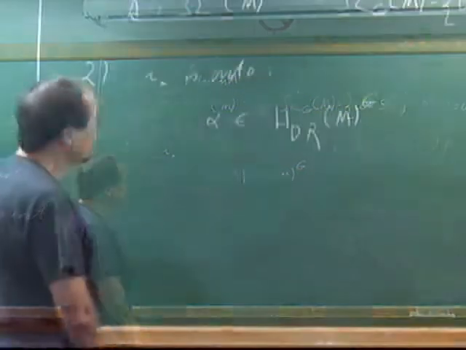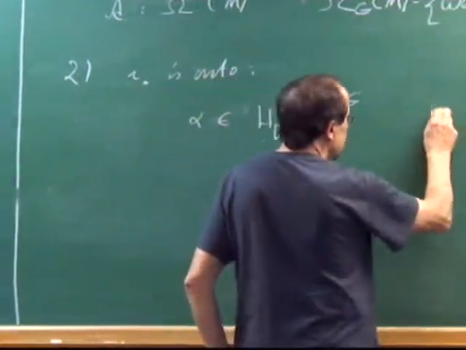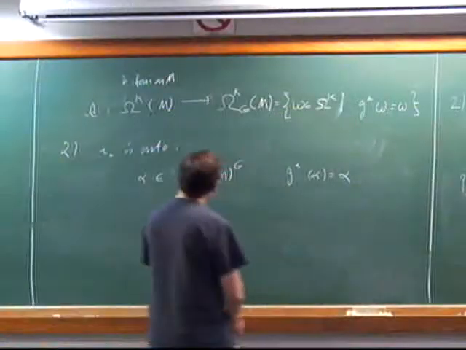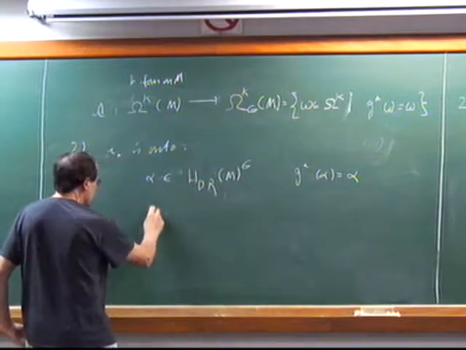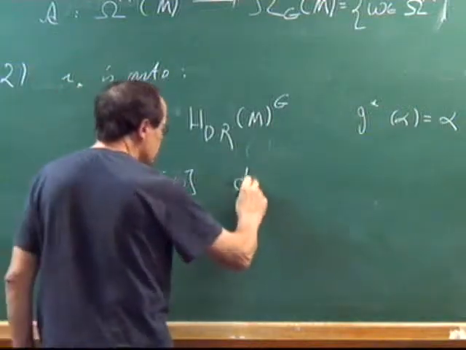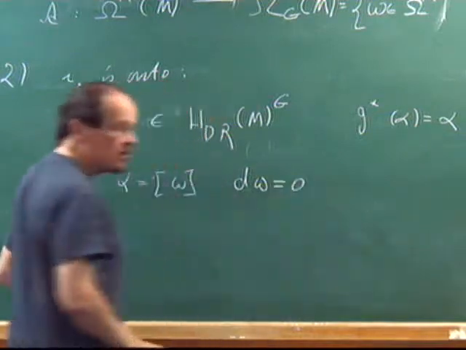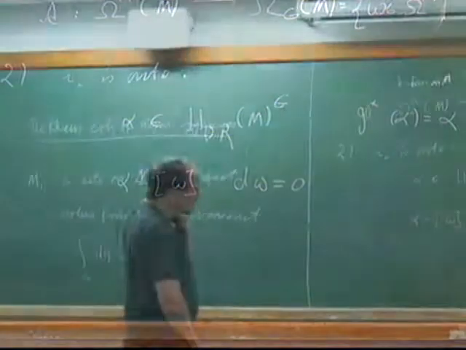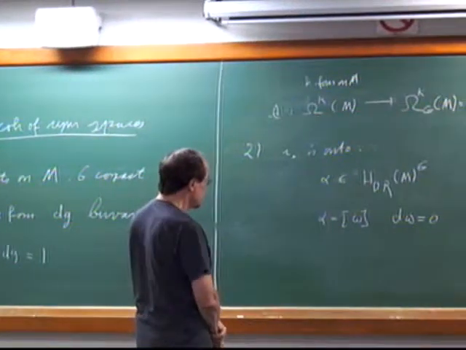So this means g star alpha is equal to alpha. So first I can represent alpha by a form. Alpha is the de Rham cohomology class of some closed form omega. Just choose one. And now I want to claim that I can make omega G-invariant.